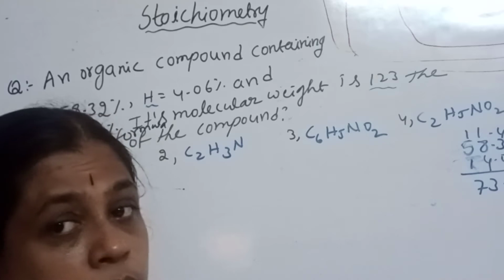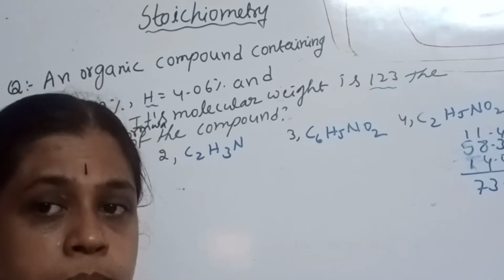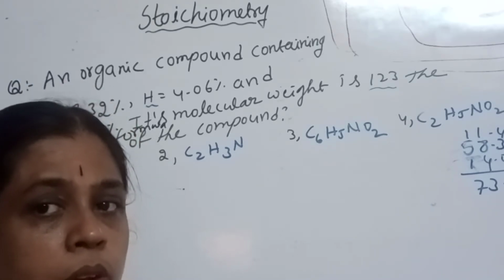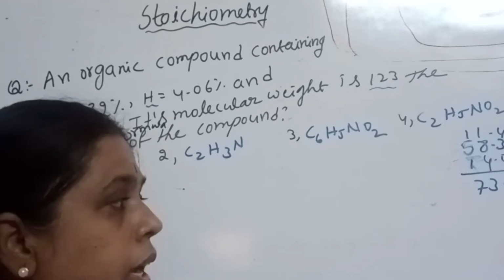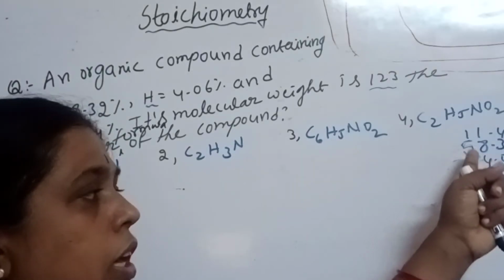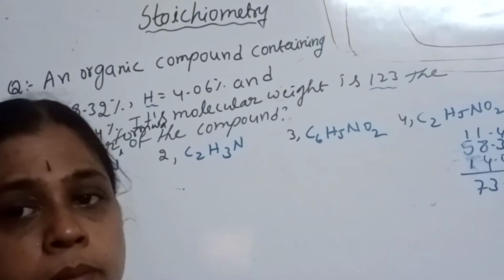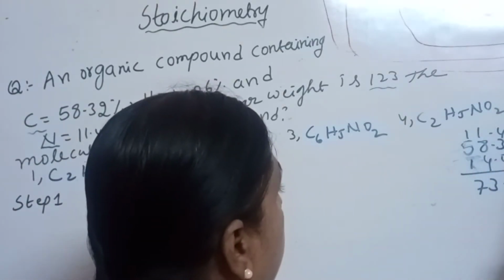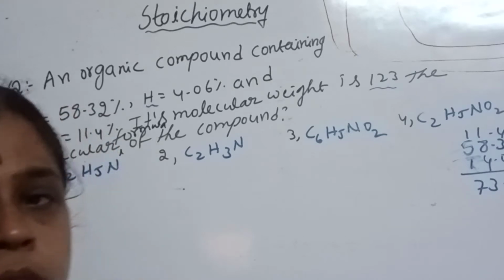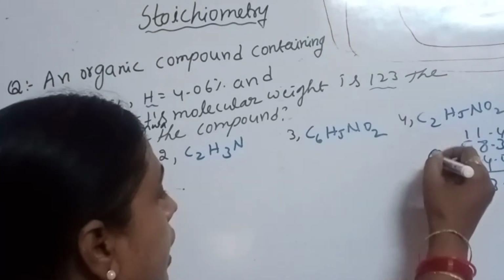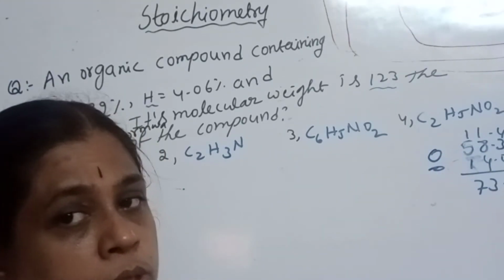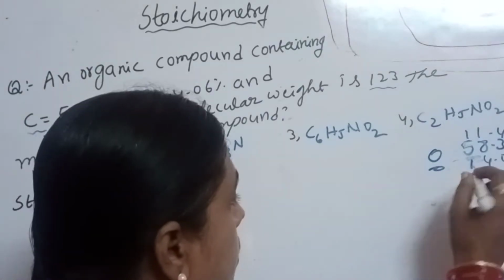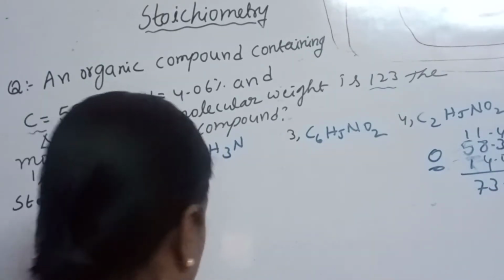We can expect another element, because the sum of all the percentages is not equal to 100 percent. You can imagine oxygen is also present in the given organic compound. So how much is the mass percentage of oxygen?